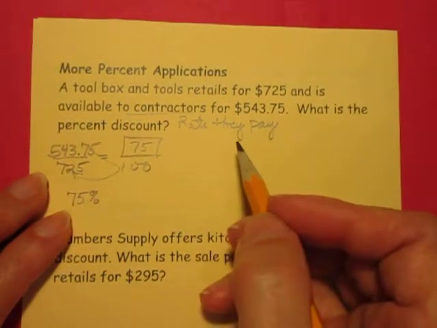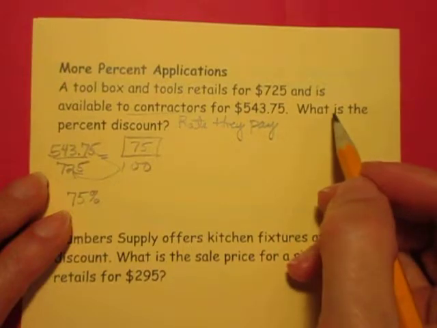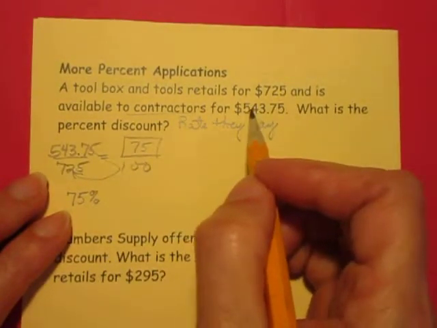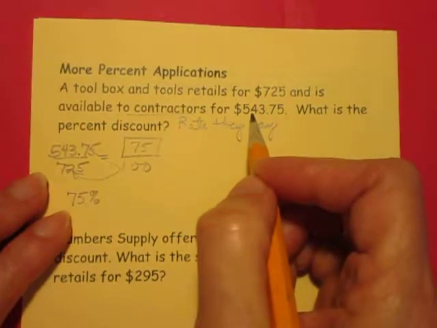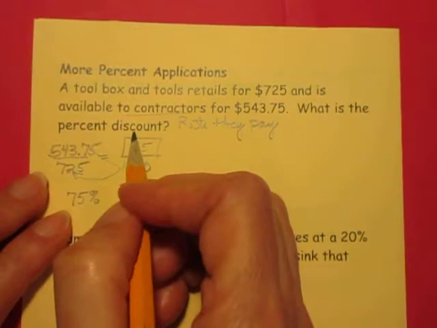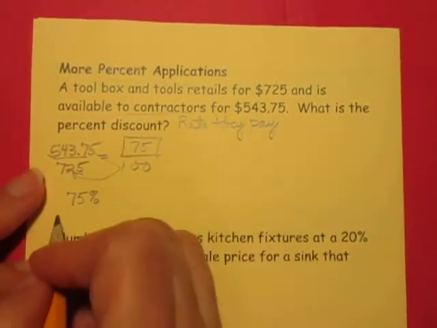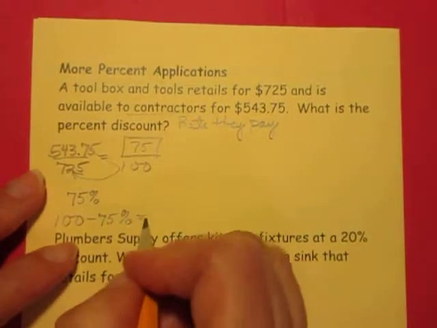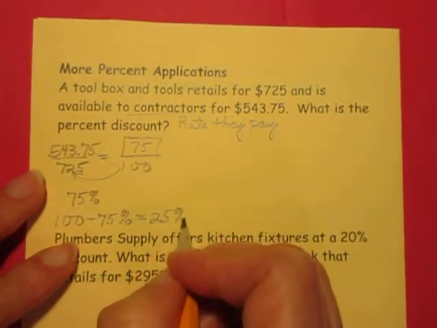Okay, so what happened here is they gave us information about a part, but then they asked us about the other rate. So what we'd have to do is take 100 minus 75 to get a 25% discount.